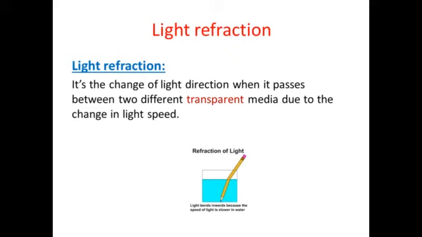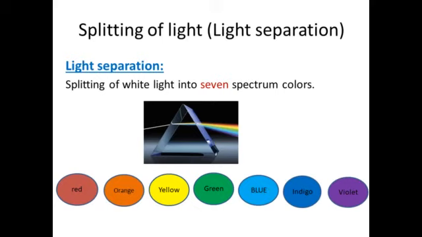The last property of light is splitting of light or light separation. White light consists of 7 colors, which are called 7 spectrum colors. These colors are red, orange, yellow, green, blue, indigo, and violet, respectively.